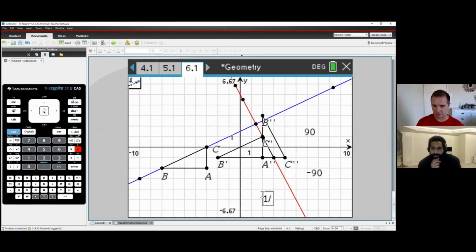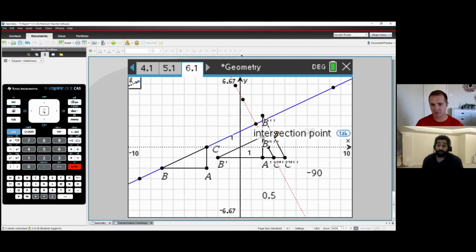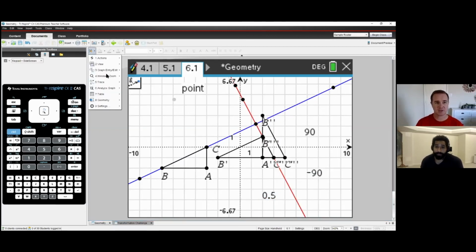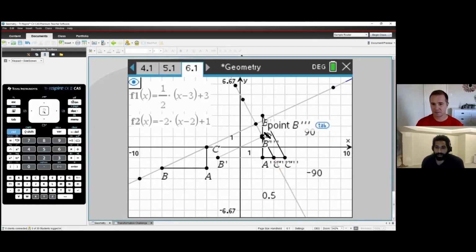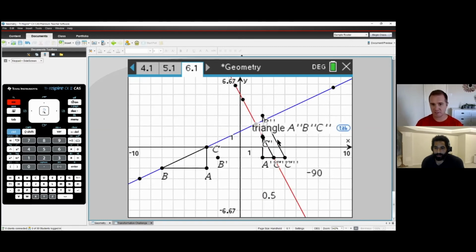So I'm going to pop that in there, and A triple prime, B triple prime, C triple prime should line up right on top of our other. And they do. This has gotten a little bit crowded, so I'm going to hide a few things. I think I still need to hide one more.